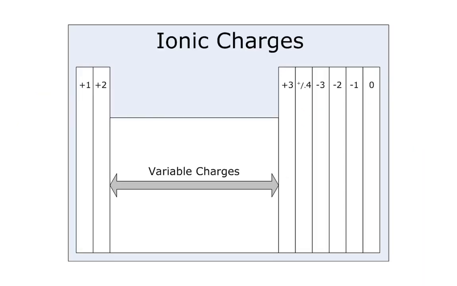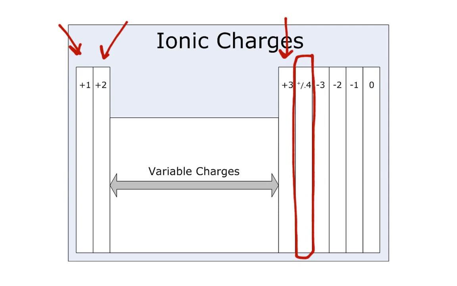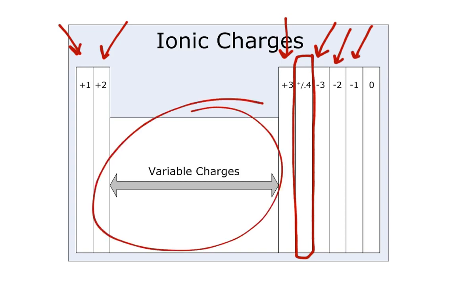Here's a chart of common ionic charges. As we talked about earlier, group 1A is plus 1, 2A plus 2, 3A plus 3. Group 4A typically does not take much of a charge. These tend to be more of our covalently bonded ones, which we'll talk about later. And then from there we work our way down. 5A is minus 3, 6A, oxygen's group, is minus 2, and the halogens are minus 1. We'll discuss this middle section in a minute. These are your transition metals, and these have variable charges.